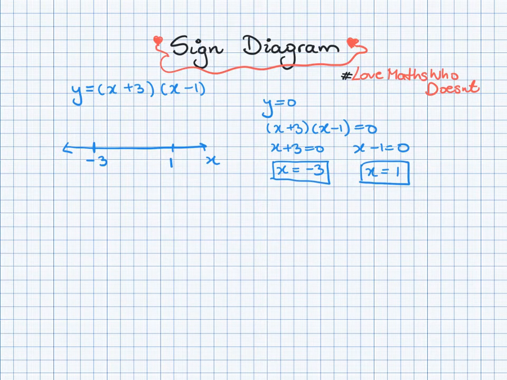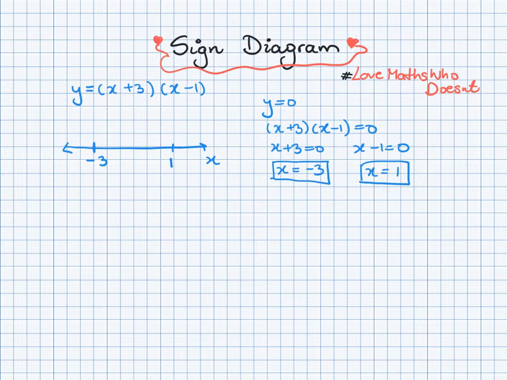So we have our critical values. The next step is to calculate what's happening before negative 3, between negative 3 and 1, and after 1. Pretty much we want to know if the graph is above, below, or above.